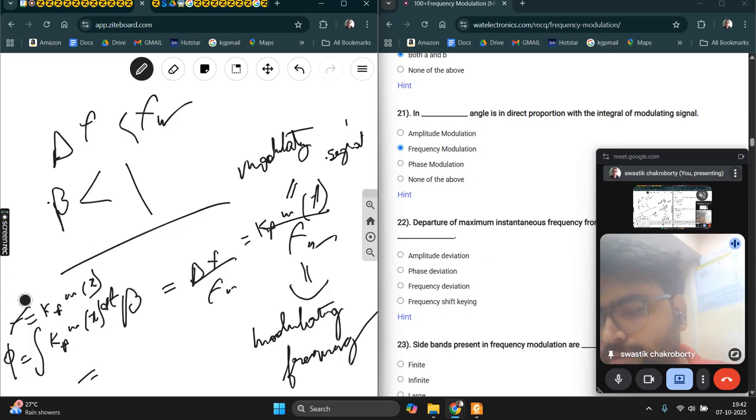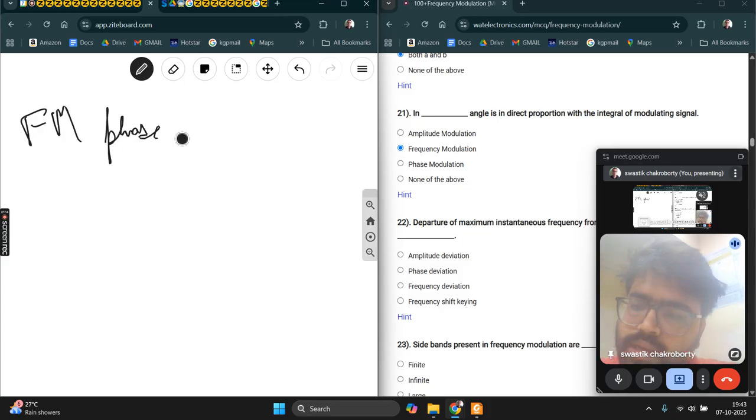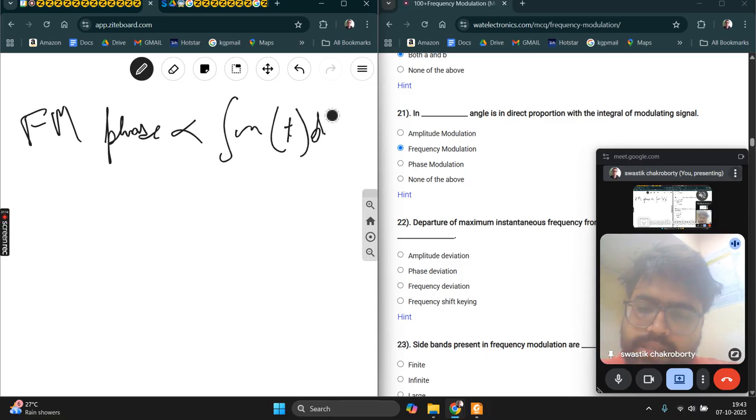In FM, phase varies as the integral of the message signal, not the message signal directly, but frequency varies with the message signal directly.